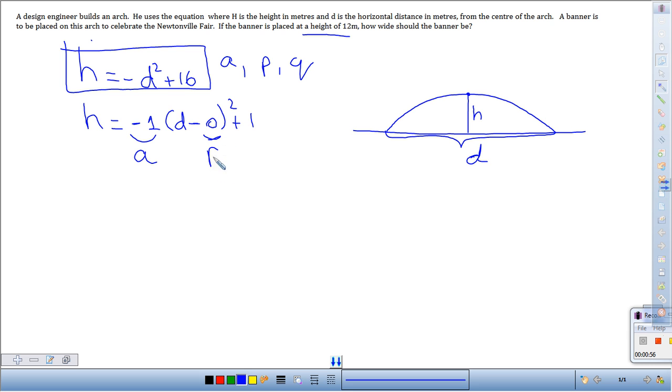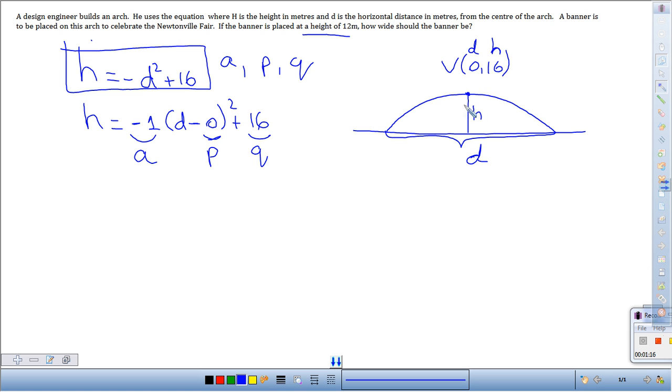And p is 0. And q is positive 16, which means that the vertex point of that arch is 0 and 16, right here. So the horizontal distance is 0, and the vertical height of that arch is 16.